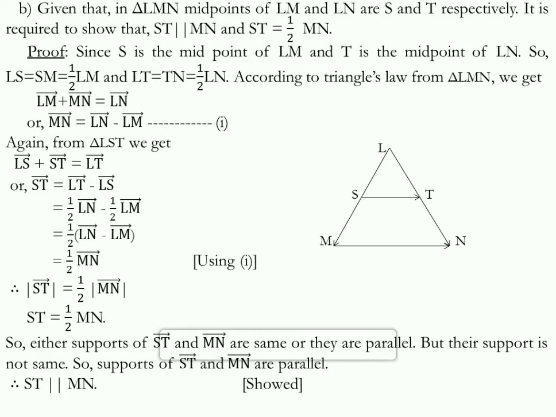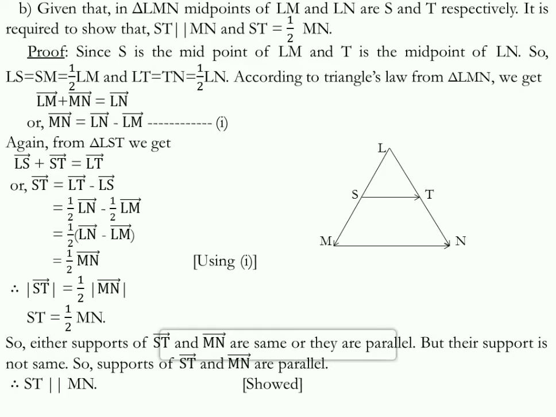Since S is the midpoint of LM and T is the midpoint of LN, we can write LS equals MS equals half of LM, and LT equals TN equals half of LN. According to the vector triangle law of addition, in LMN we can write LM plus MN equals LN. So MN can be expressed as LN minus LM, giving equation number 1.